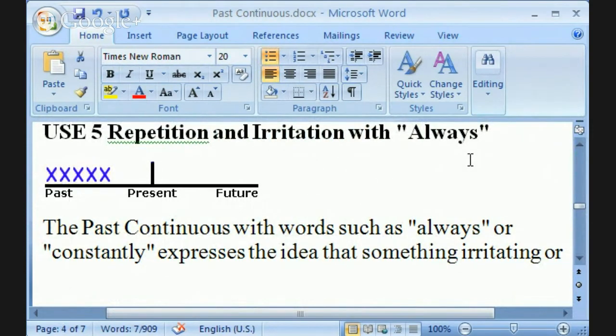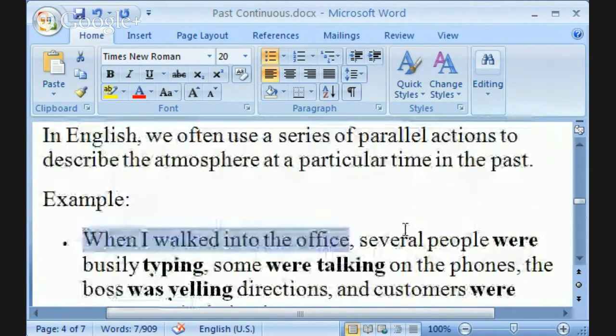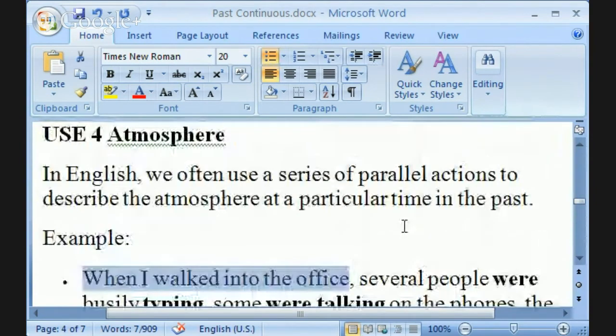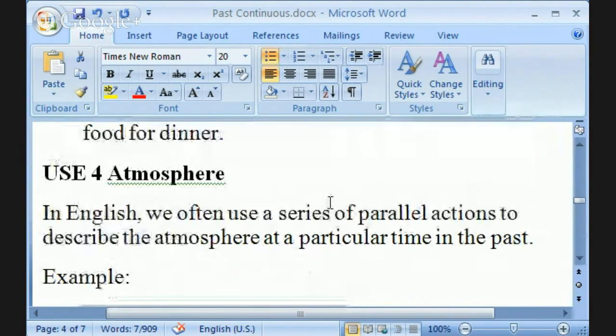Sorry, okay. Yes. I heard the word atmosphere only about weather, maybe one meaning. Okay. Well, let me give you a couple examples.